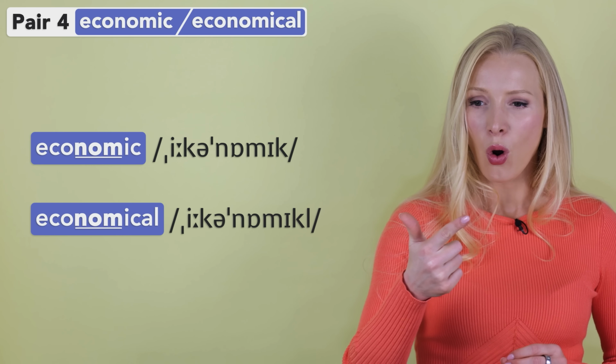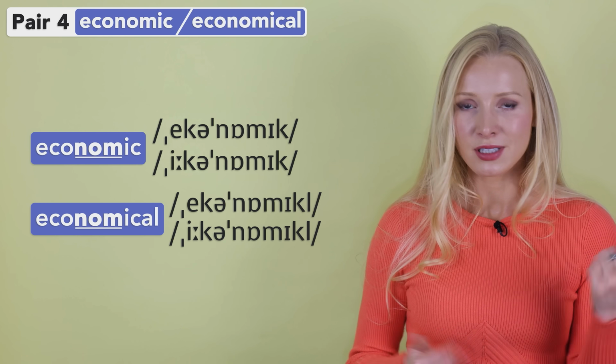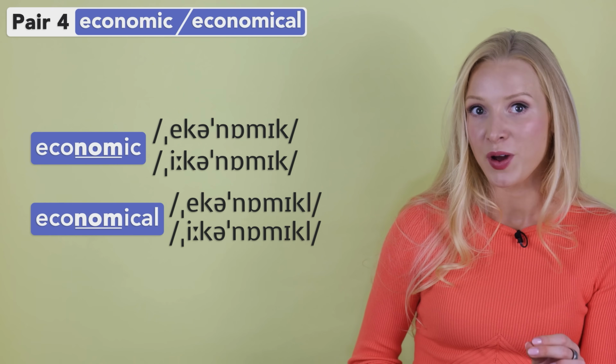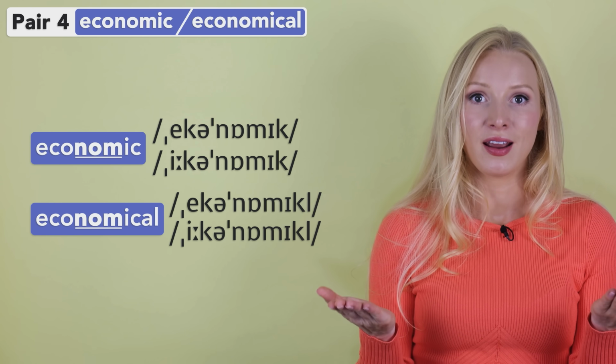Our next pair of words is really challenging for English learners. We have economic and economical. Or is that economic and economical? See, the confusion starts even with the pronunciation. You can pronounce both words with either an E or an E sound at the beginning.